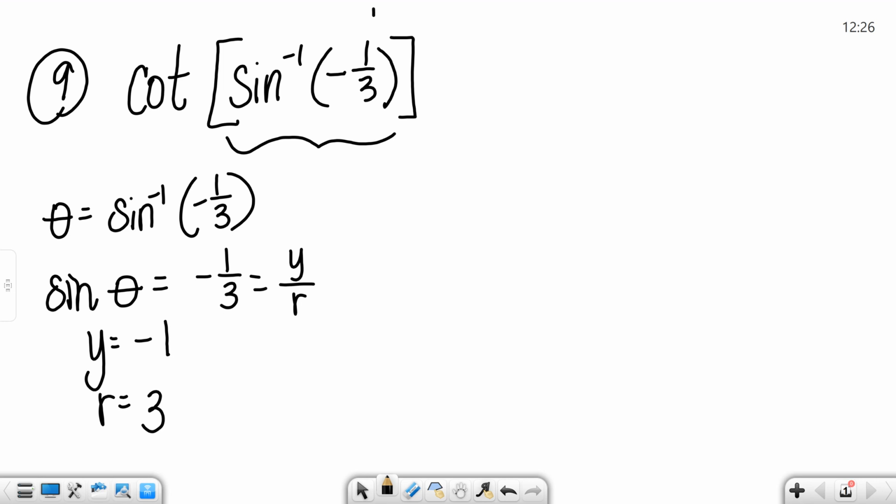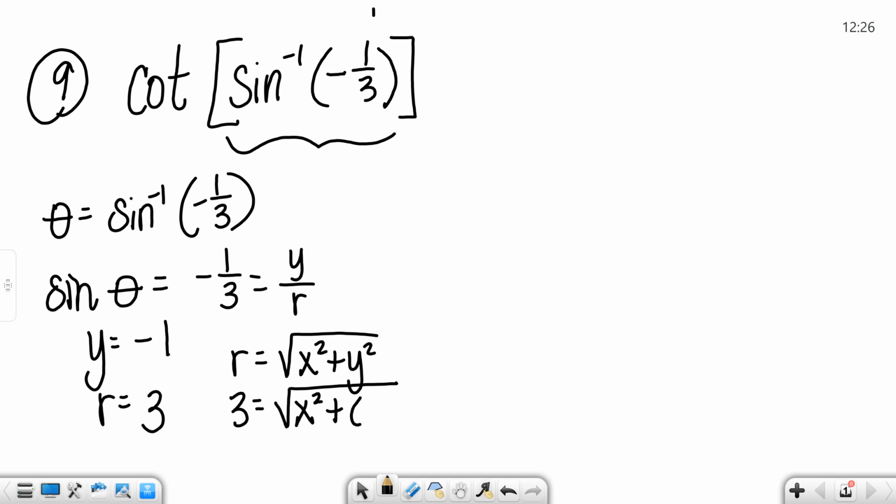We can find x by using that same little formula again. So r is equal to the square root of x squared plus y squared. In this case, we have 3. It's the square root of, we don't know x. That's what we're looking for. If I square both sides, I get 9 is x squared plus, when you square negative 1, you get positive 1.